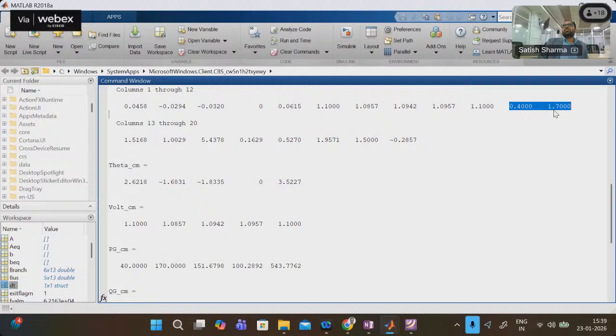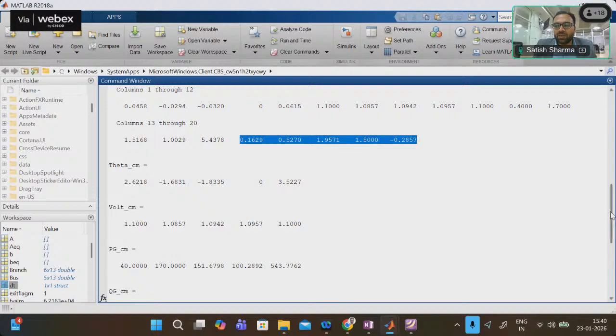So this is generator 1. This is like 40 and 170 megawatt, and then we have different values like 151 and 143. So these values are available here, and I have kept them here. Then these are the reactive powers. The last 5 are the reactive powers.